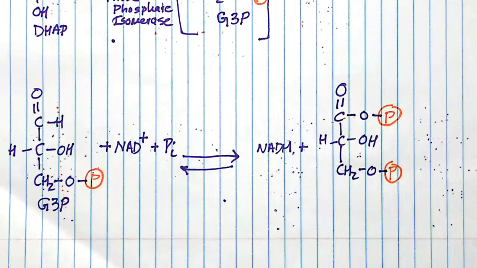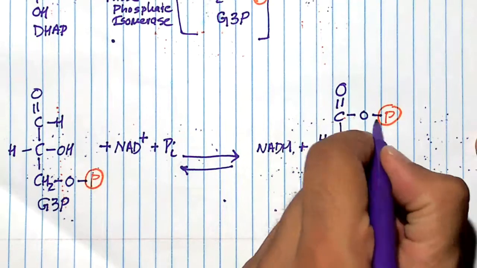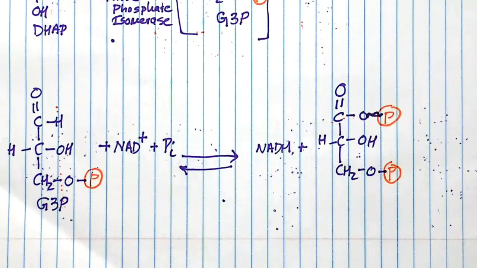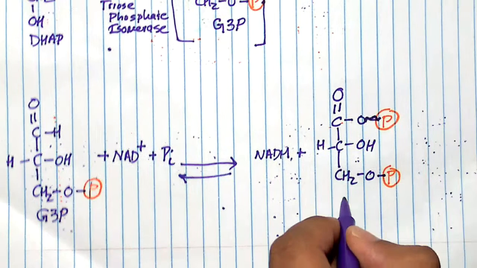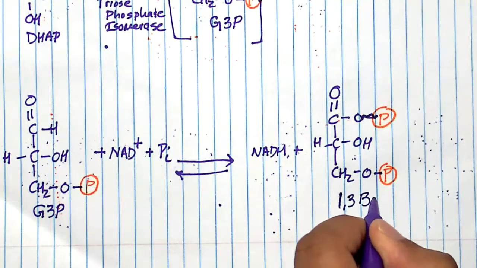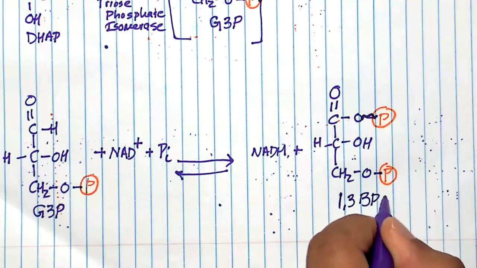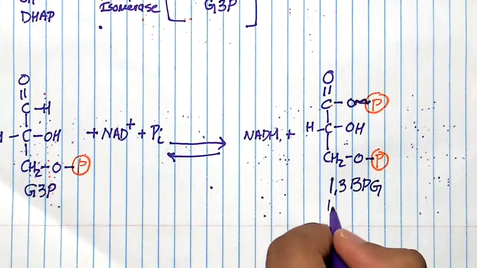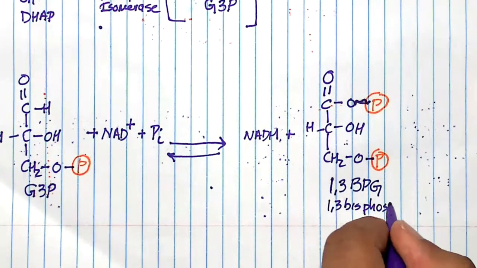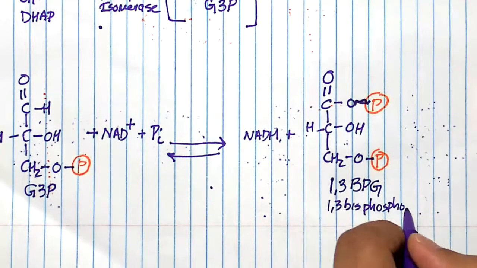I'm going to draw this line as squiggly, okay, because that phosphate is primed to get out of there. It's primed to leave. All right, and this is called 1,3-bisphosphoglycerate. Let me write out the form here. 1,3-bisphosphoglycerate.